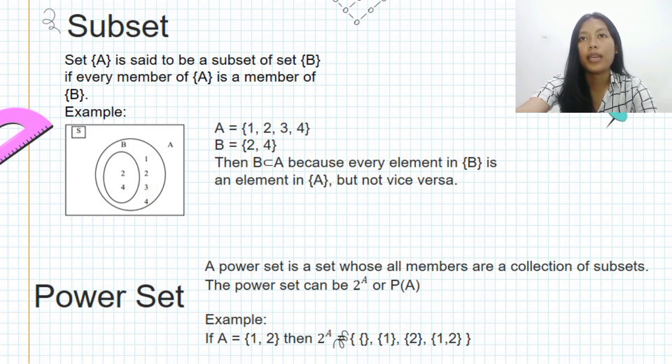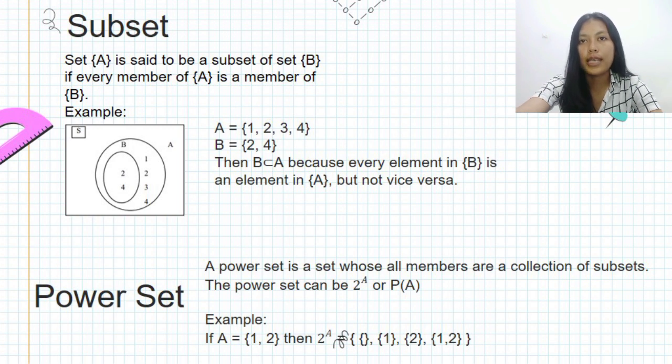We have A equals {1, 2, 3, 4} and B equals {2, 4}. Then B is a subset of A because every element in set B is an element in set A, but not vice versa.